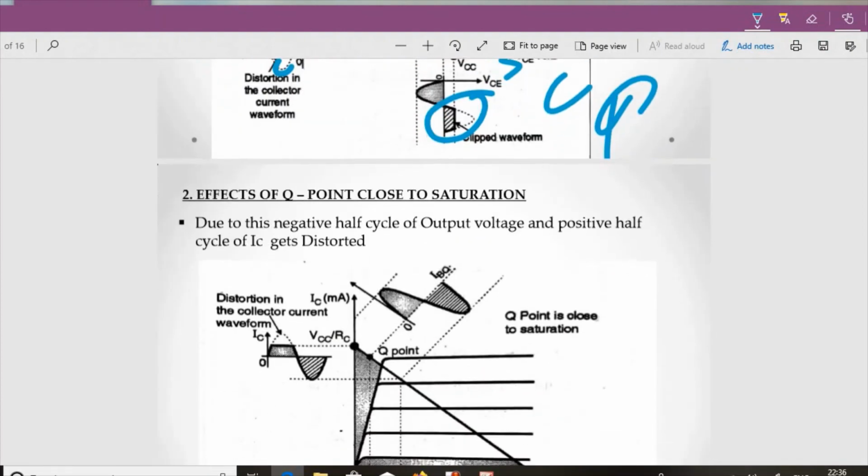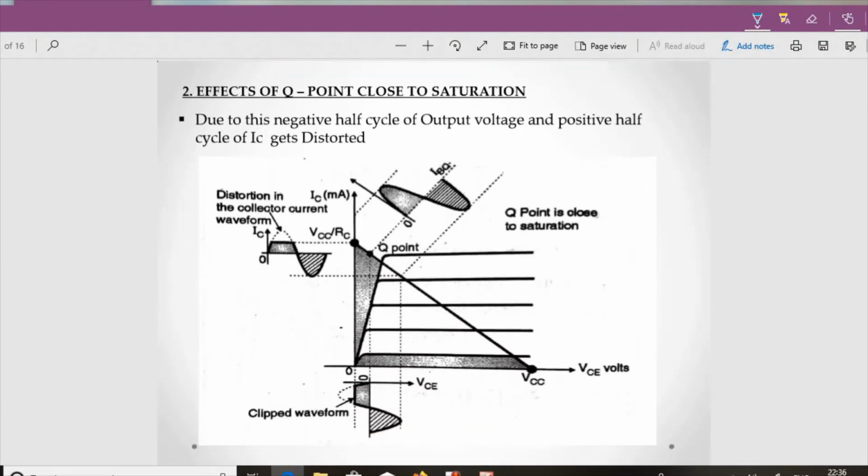Similarly, if we take the Q point too close to the saturation region, again the same problem occurs. It will vary between R and S, and your IC will also vary with respect to that. So when you extend these two points, the IC negative half cycle you are getting in full, but there is a distortion in the positive half cycle.